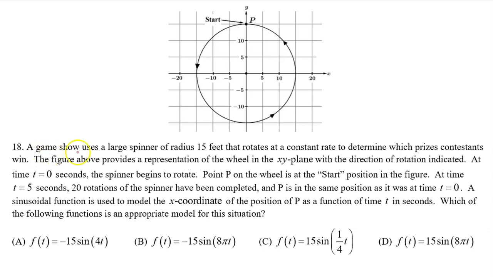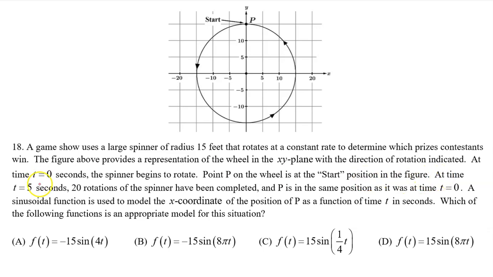Number 18. A game show uses a large spinner of radius 15 feet that rotates at a constant rate to determine which prizes contestants win. The figure above provides a representation of the wheel in the xy plane with the direction of rotation indicated. At time t equals 0 seconds, the spinner begins to rotate. Point P on the wheel is at the start position in the figure.